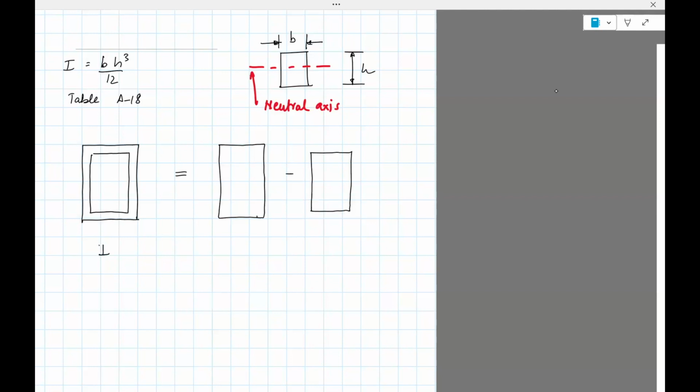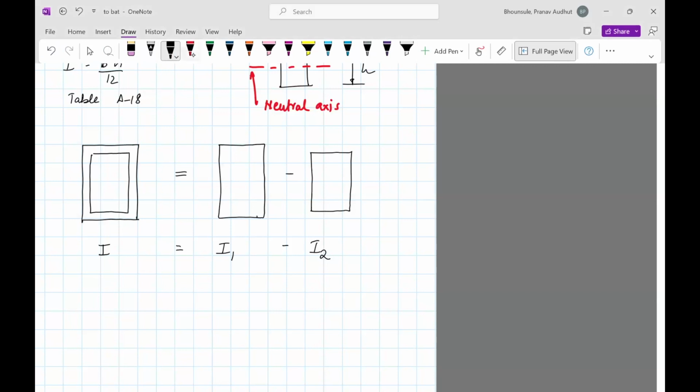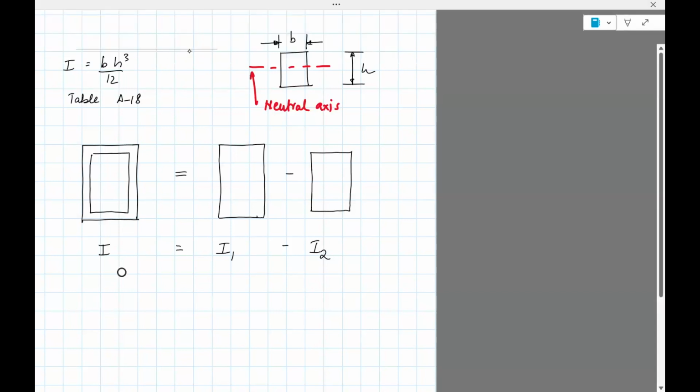So the inertia of this is going to be the inertia of the solid section minus the inertia of the inner solid section. So all that needs to be done is we need to fill in the dimensions.